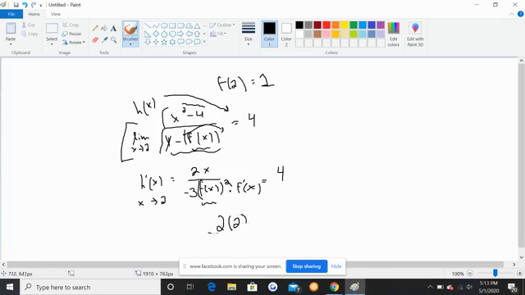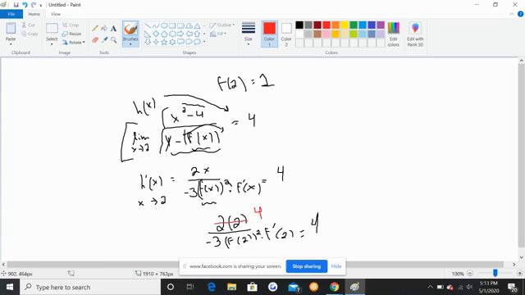we get f of 2 squared times f prime of 2 is equal to 4. Now we know this is just going to cancel and become 4.